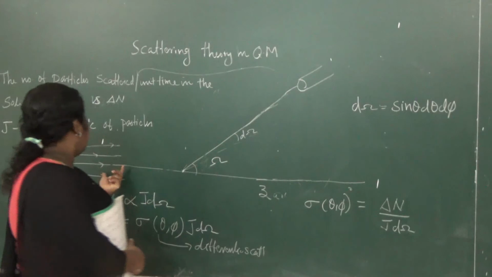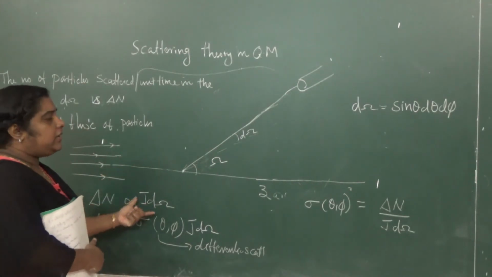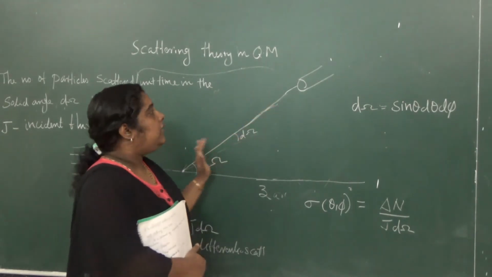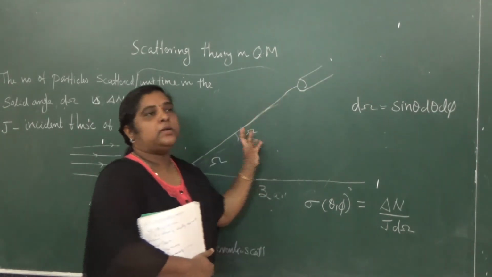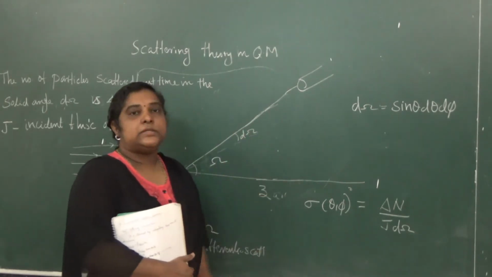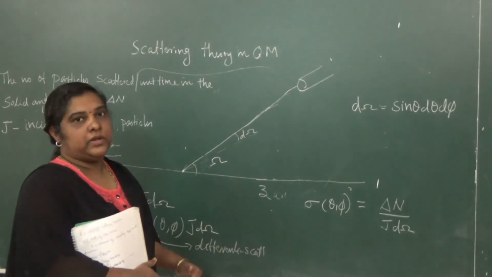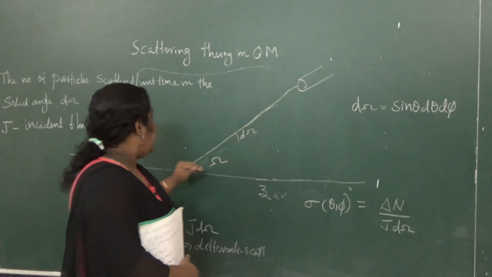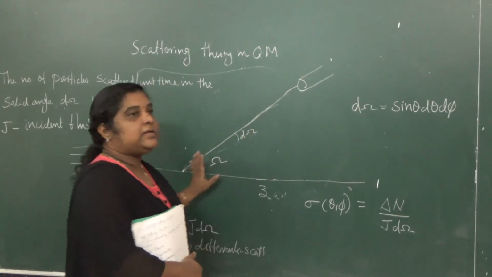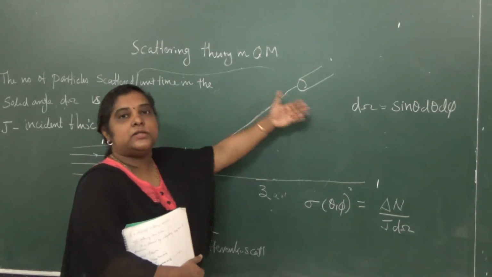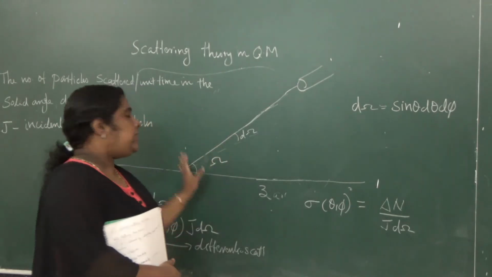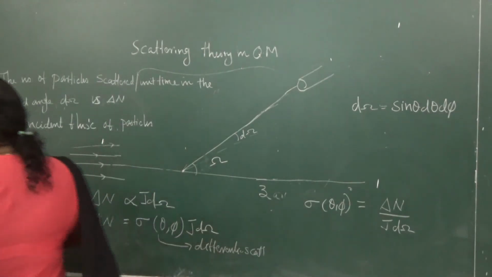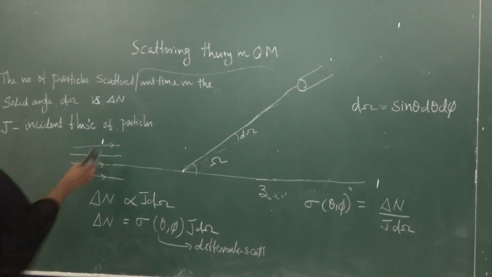So that quantity, the differential cross section, gives you the interaction between the incident particles and the scatterers. Another quantity we have to find out is the total scattering cross section.